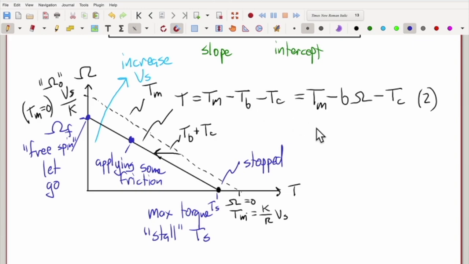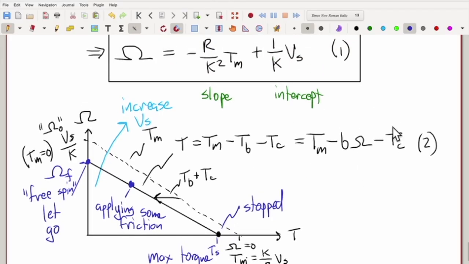So now we've answered some of those questions about how fast the motor is going to spin. It depends on the drag you apply, and some of these coefficients, which we will see in a little bit how to figure out their exact value if you don't have them on a data sheet.